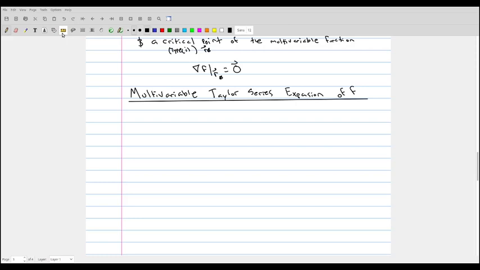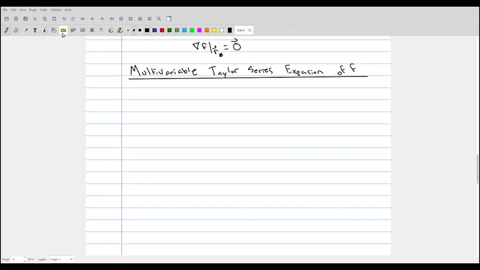And it turns out that the main thing the second derivative test depends on in the multivariable Taylor series expansion, just like in the single variable Taylor series expansion, is all of the second partial derivatives, or the Hessian matrix of this function.